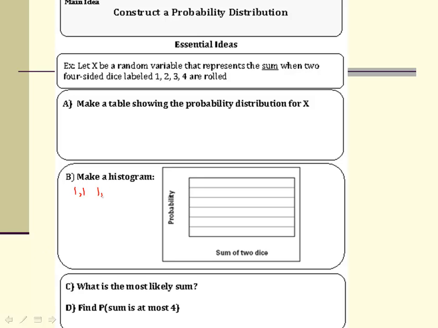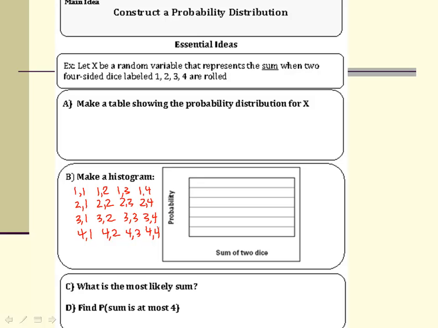I could take the sum of 1 and 2, 1 and 3, 1 and 4. And then 2 and 1, 2 and 2, 2 and 3, 2 and 4. And this is kind of like the idea of rolling the die that we did before. 3 and 1, 3 and 2, 3 and 3, 3 and 4. Last one, 4 and 1, a 4 and a 2, a 4 and a 3, a 4 and a 4.